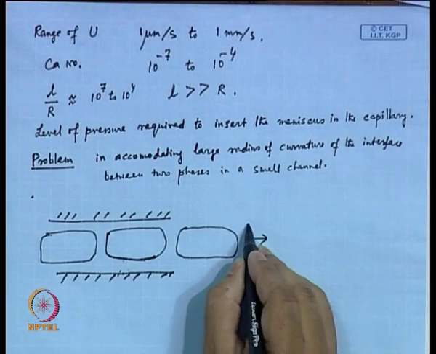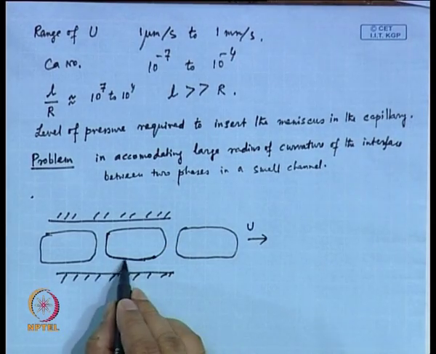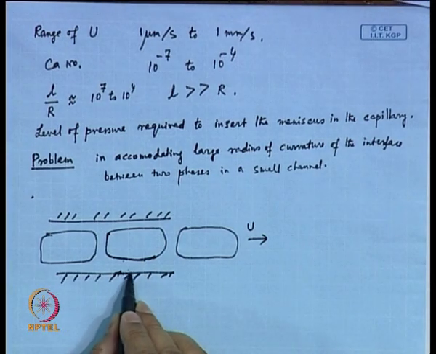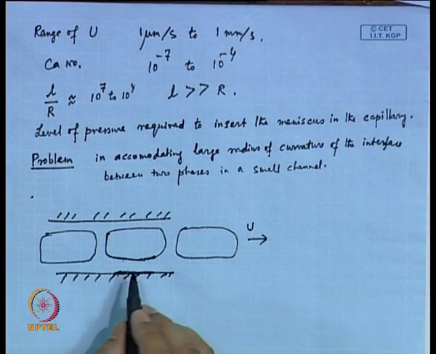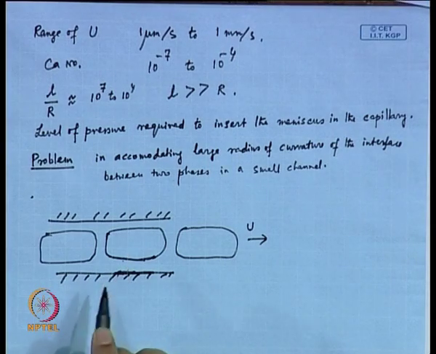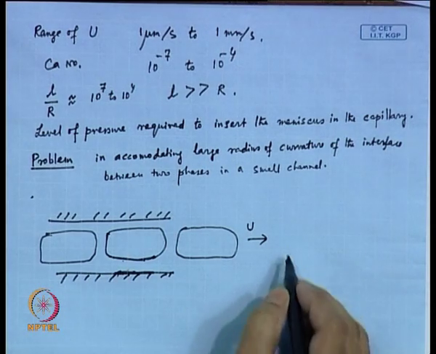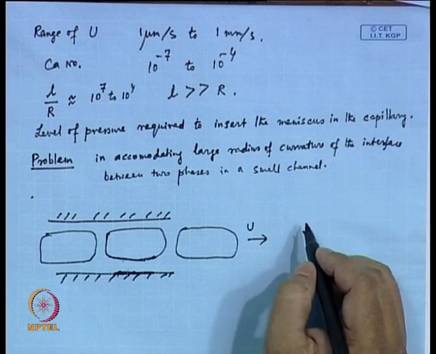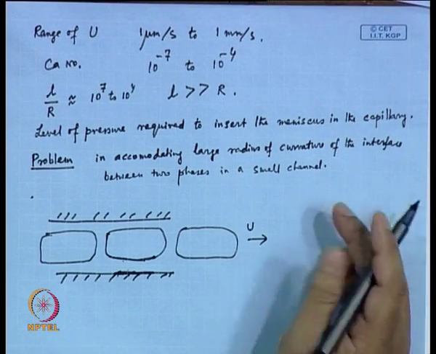Bubbles are moving at a velocity u, and in this annular region, of course, at the wall the velocity has to be 0, and then there would be a velocity profile from here to here. Mind it that these dimensions are small. So, there are certain existing theories. Nobody is inventing new things here.